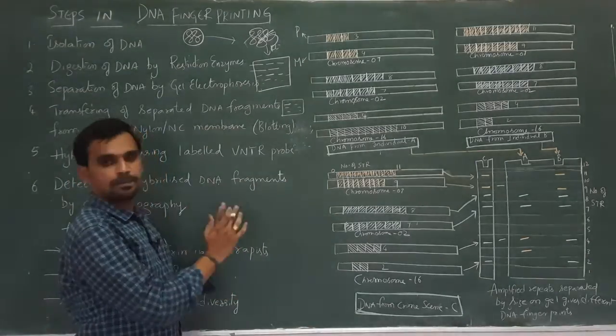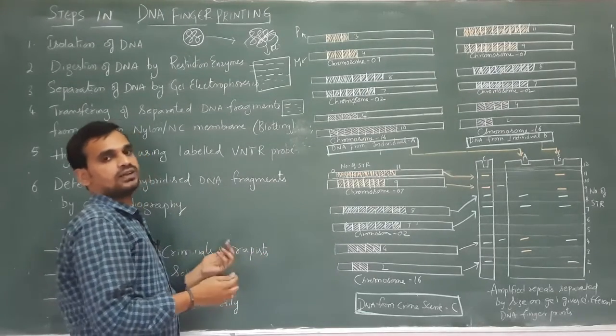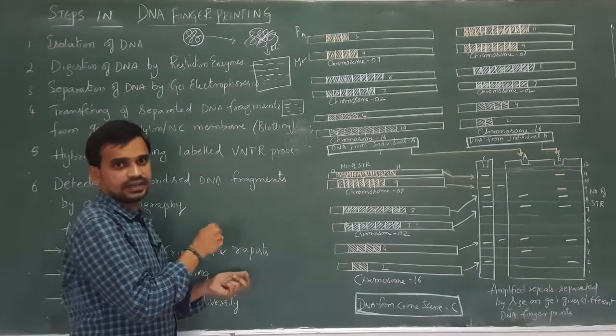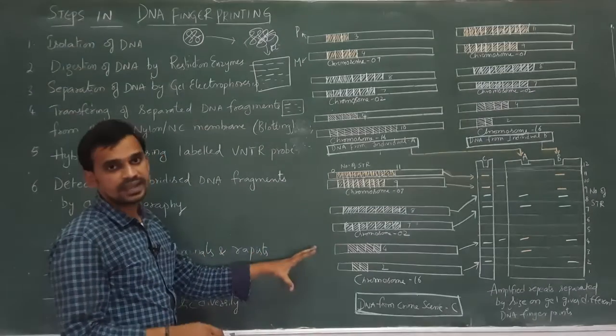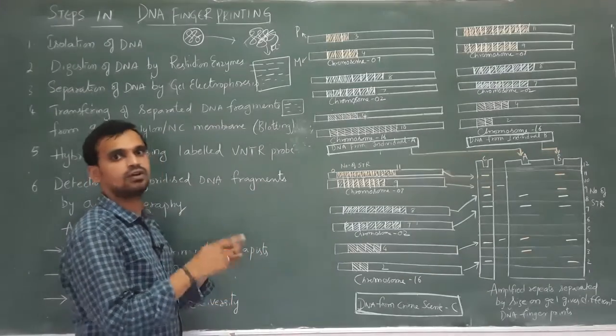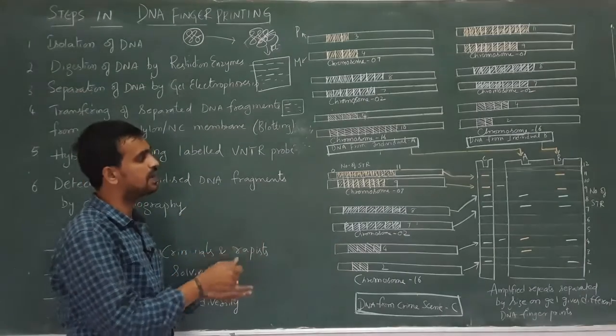How? At one particular place, a crime has happened. The scientist will collect the DNA from that place, either blood stains or hair follicles or sperm, whatever it may be.